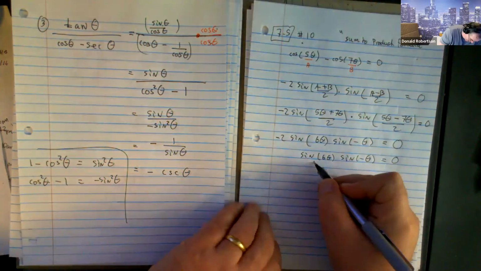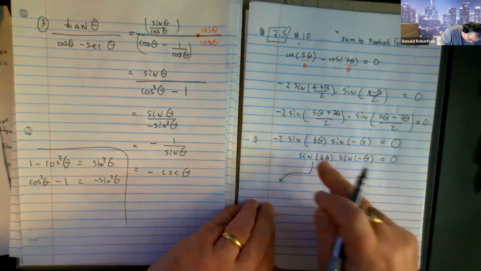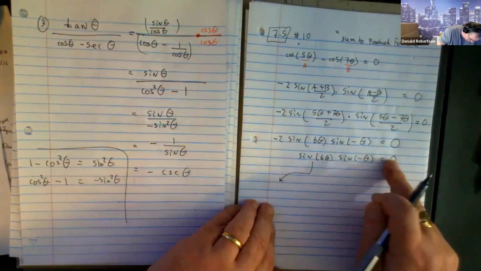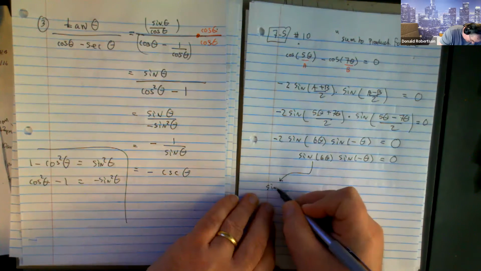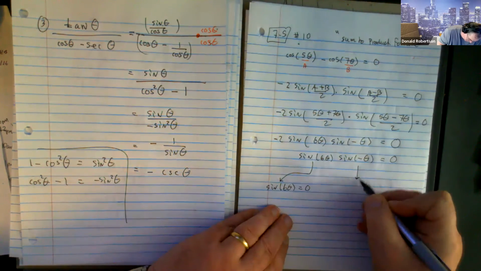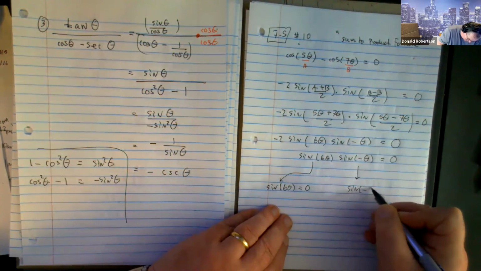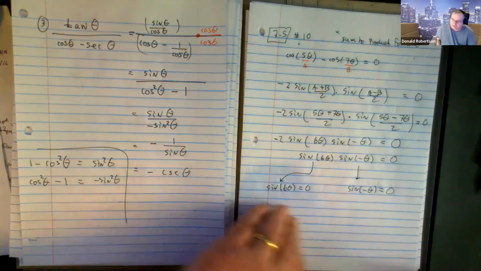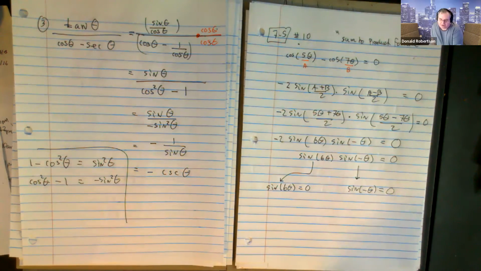If two things multiplied together are 0, then each one of them has to be 0? That's the only way that could happen. Either the first thing is 0 or the second piece is 0. Are we good?